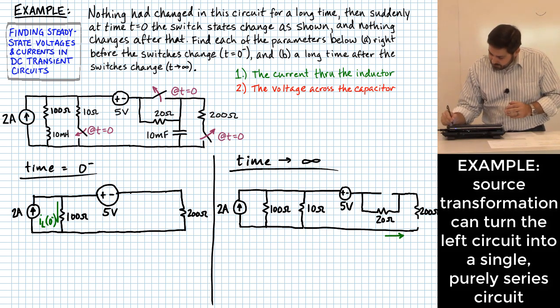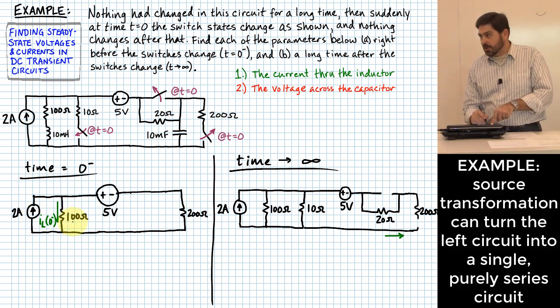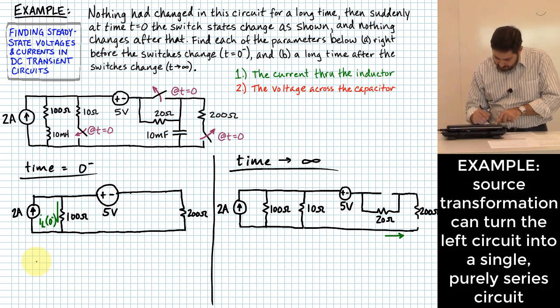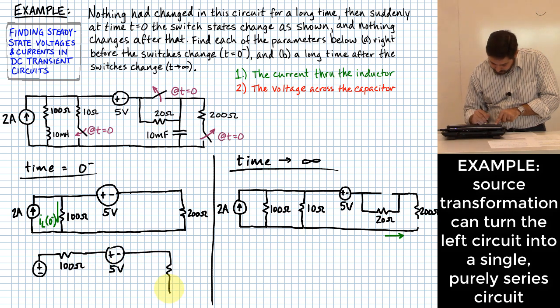One way of doing that is we can transform the current source with the resistor that's over there on the left into a voltage source in series with a resistor. So this will become a voltage source in series with a 100 ohm resistor, and that will connect up into the rest of my circuit like this, where that's a 200 ohm.